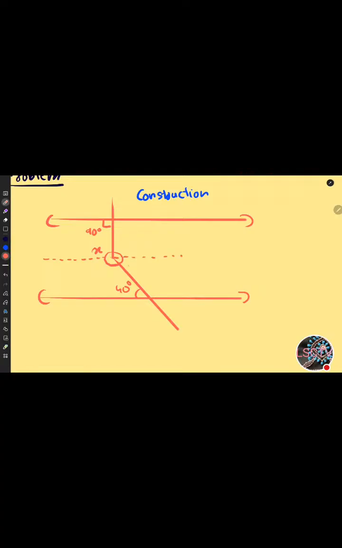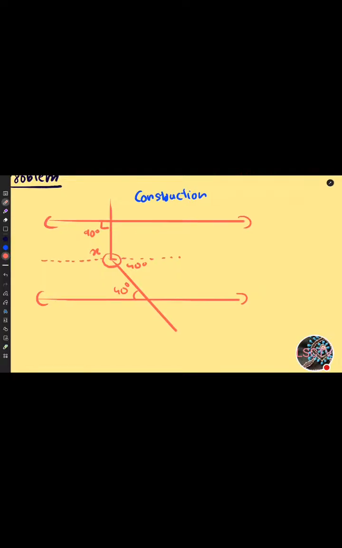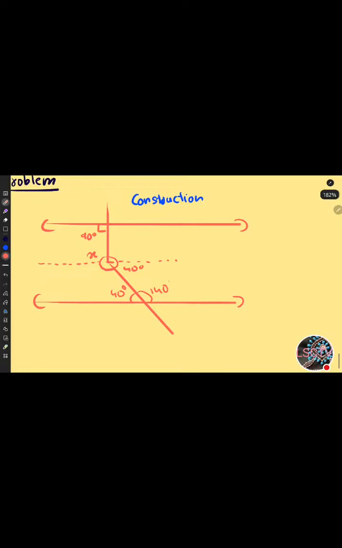This is 40 degrees by the alternate interior angles property. Agree with me? Now, this is 140 degrees. Now, this is also 140 degrees. Now let's say this angle is 90 degrees.